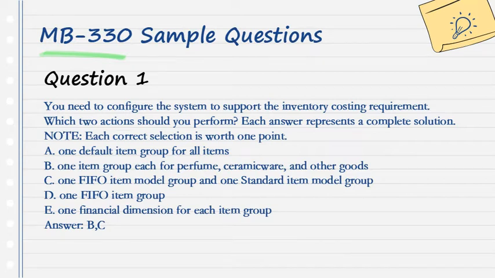B. 1 item group each for perfume, ceramicware, and other goods. C. 1 FIFO item model group and 1 standard item model group. D. 1 FIFO item group. E. 1 financial dimension for each item group. Answer: B, C.